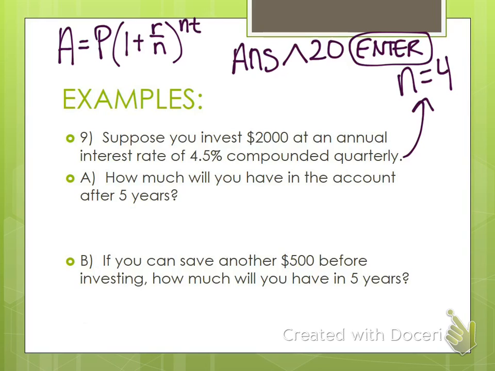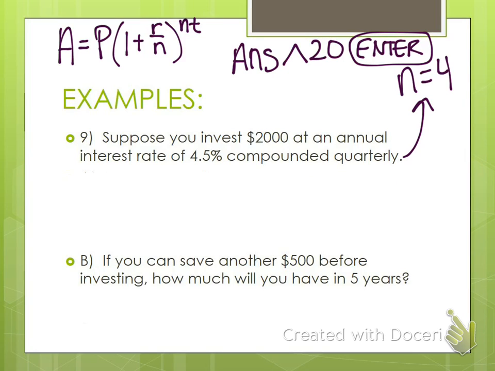So now what does our P become? 2,500. So now our P is 2,500. Oh, and then we multiply by 1. So we can still use the 1 plus R over N to the NT. That doesn't change. It's just that our principal amount went up to 2,500.